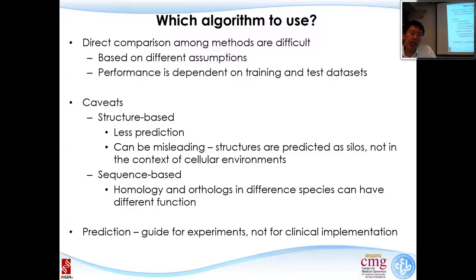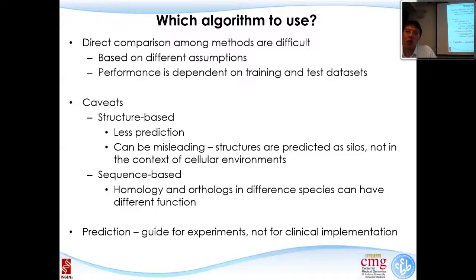And another point is these predictions are good for guiding the experimental design, to say, okay, if there's a variant that you think is very important, then you cannot use that as a clinical decision supporting mechanism. Okay. And it's simply just not allowed. It's not advised.